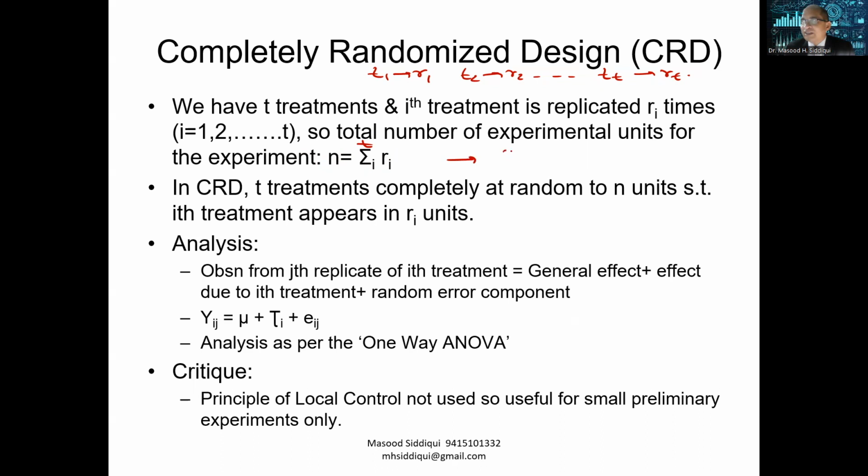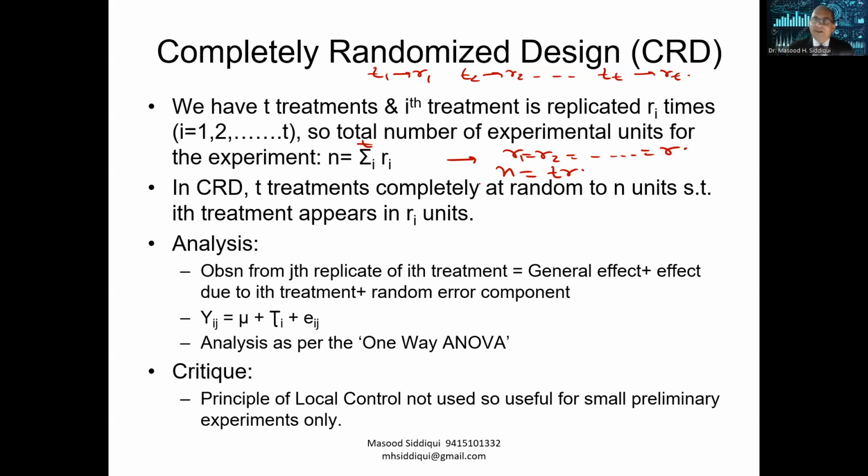If all the replications are the same, means all the treatments are repeated an equal number of times, r1 equals r2 equals r, then N is equal to t into r, because every treatment is repeated an equal number of times.